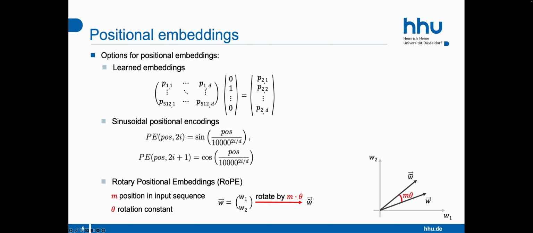For example, the first position would result in only a tiny rotation, whereas a larger position would result in a larger rotation. So in this visualization for d equals 2, we can see that the rotation amount increases with the position m of the token, allowing the model to capture positional relationships dynamically.